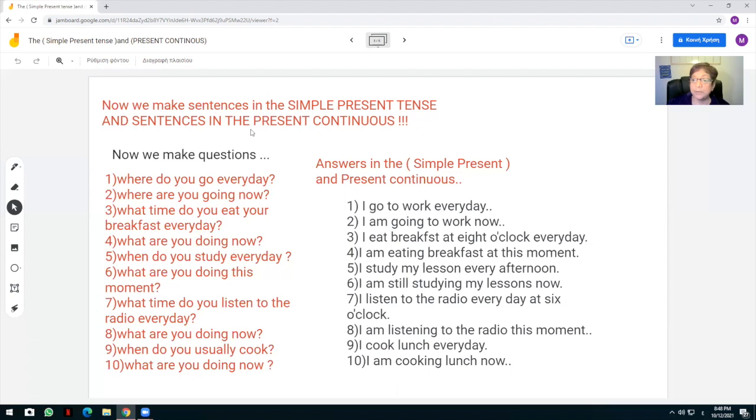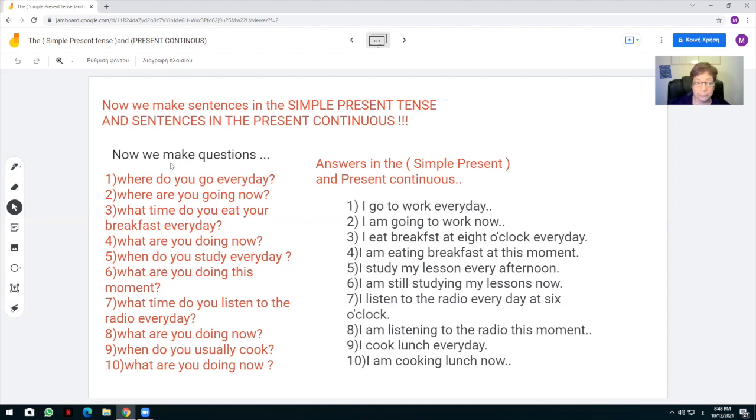Okay, to see the difference. عشان نعرفوا الفرق. عاملين جمل هنا عشانكم sentences بالحاضر العادي والحاضر المستمر.